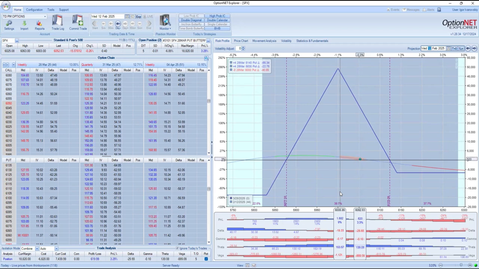So maybe my stop trigger is $13.50 credit, right? So if I spent $17, I'm trying to make $2.50. If this butterfly is now worth $13.50, that means I lost 350 on 700. I'm down about 7.5%.